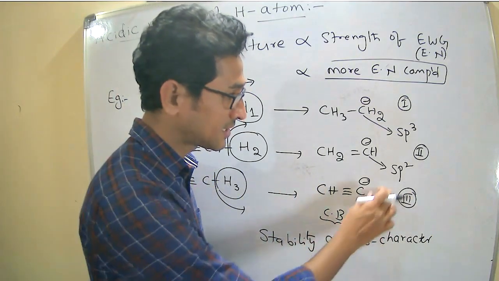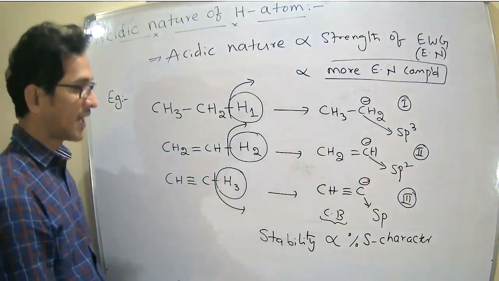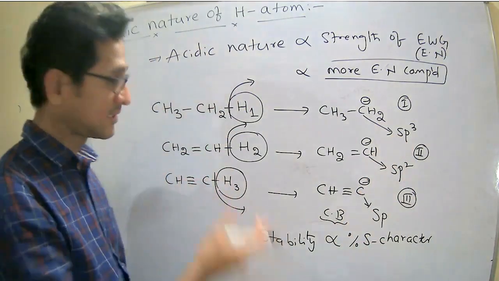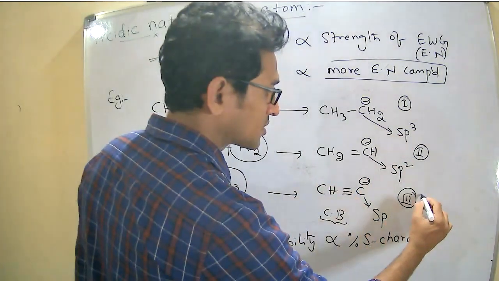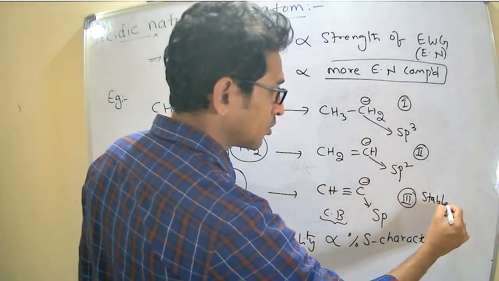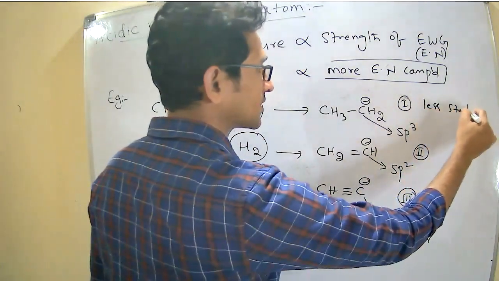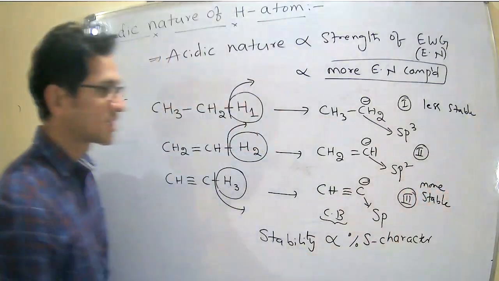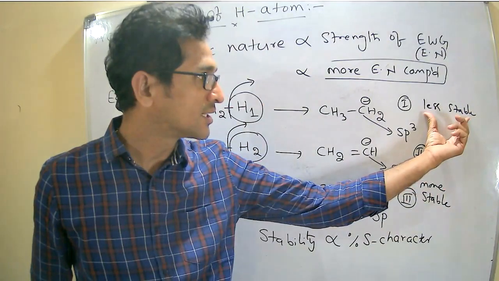Here 50%, 33%, 25%. Therefore, I am giving the priorities for the acidic nature. So here, more stable compound, and this is less stable compound. More stable compound means more stable conjugate base, less stable conjugate base.